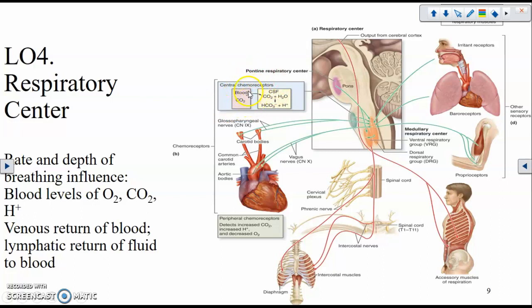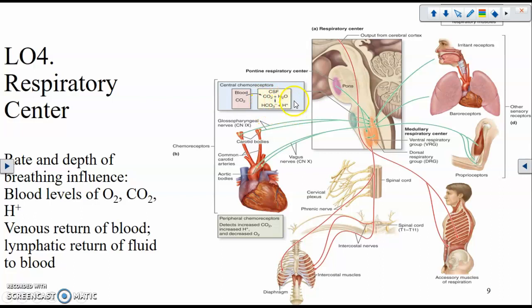As shown up here, when you have an increase in carbon dioxide levels, carbon dioxide combines with water to create carbonic acid. Carbonic acid then splits up into the bicarbonate ion and the hydrogen ion.